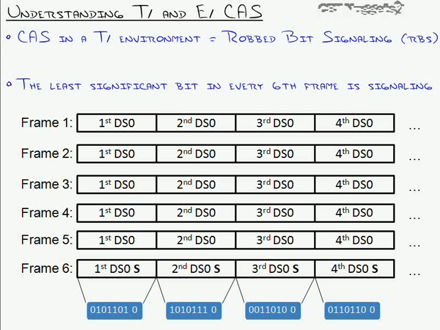Okay, yes, CAS is raw bit signaling, it steals bits. Okay, blah, whatever. Why do I need to know that? Well, you don't really in the data world. Okay, maybe if you really are interested, it'd be one of those Who Wants to Be a Millionaire questions of how does CAS or CCS work. But really, you don't need to know it to set it up. You just plug in your connections and type your command.